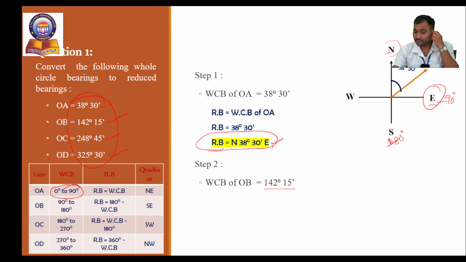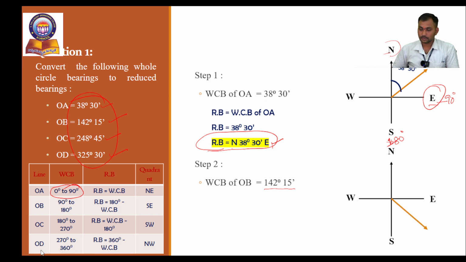So here we have to take from north to 142 degrees. We will see now. First take the direction. See, this is the object line OB, which is presenting 142 degrees 15 minutes.